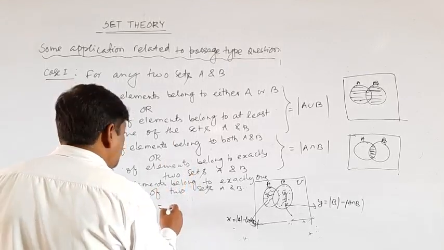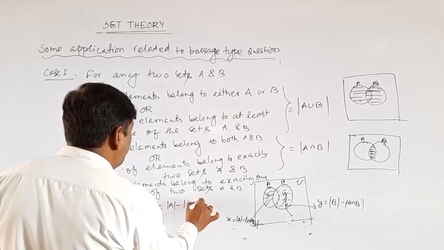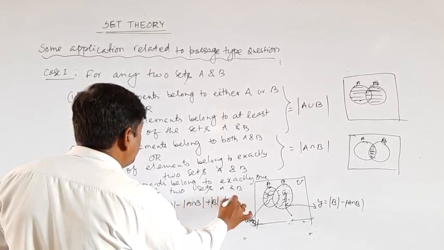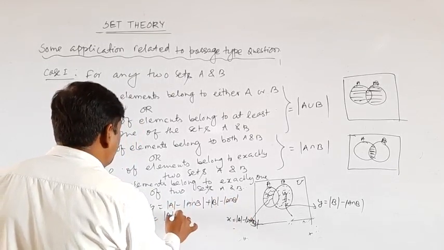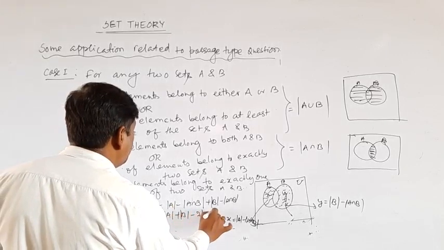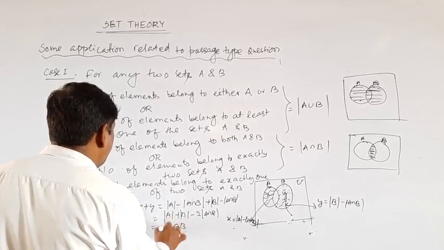So cardinality of A minus cardinality of A intersection B plus cardinality of B minus cardinality of A intersection B. So this is equal to cardinality A plus cardinality B minus 2 into cardinality of A intersection B, or we can say cardinality of A delta B.